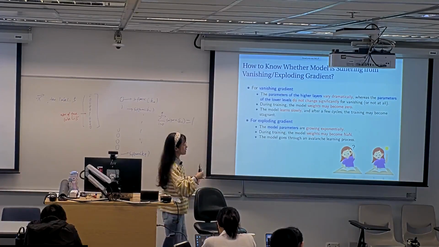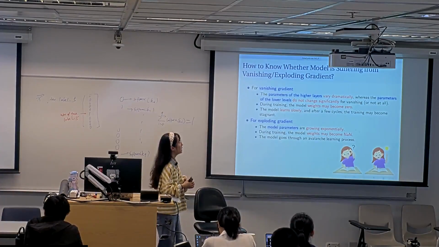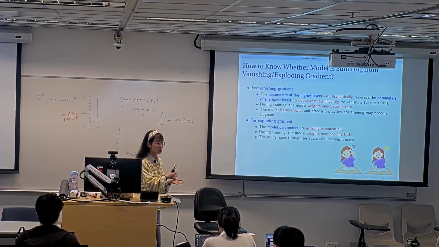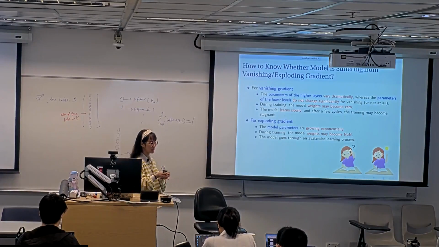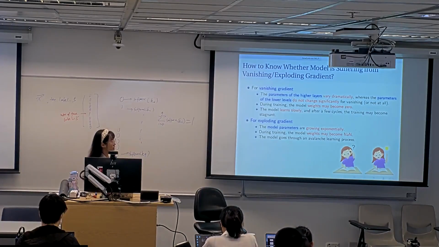Higher layers means the output layer and the layers close to the output layer, and lower layers means the layers close to the input layer. So that means you only update your parameters in some higher layers, but all of the previous layers almost do not change. And that's possibly because of vanishing gradient.